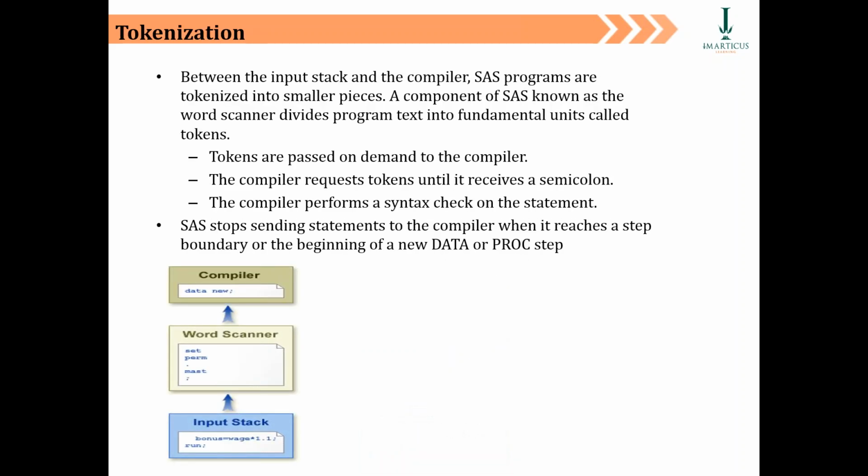Now, what it also does is something known as tokenization. So what is tokenization? Between the input stack and compiler, SAS programs are tokenized into smaller pieces. The component of SAS known as the word scanner divides the program text into fundamental units called tokens.